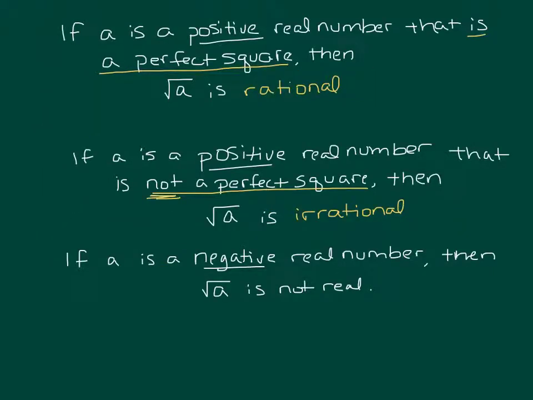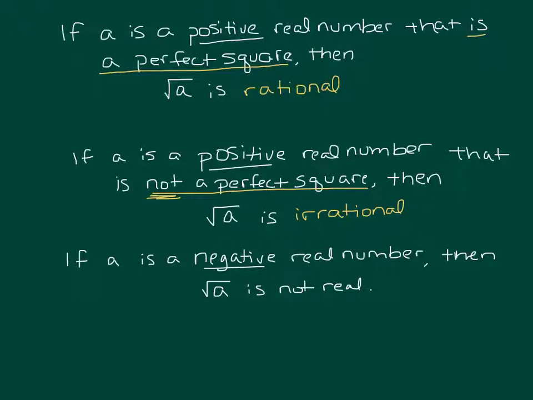Before the next example, on this slide we'll be reviewing some vocabulary. So we have 3 cases that we're going to be looking at. If A is a positive real number that is a perfect square, so if A is 1, 4, 9, 16, 25, 36, 49, if it's a perfect square and it's positive, then the square root of A is rational.